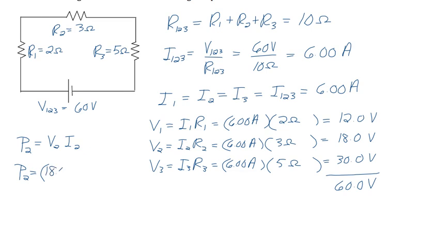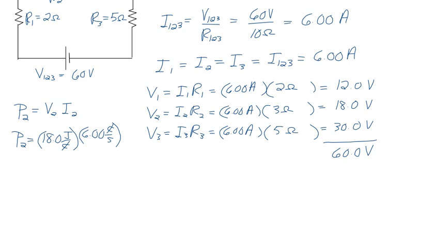Now I'm going to write that as 18 joules per coulomb because that's what a volt is. You don't have to do it, but I like to see that I get the correct unit. And then my I2 is 6 amps, and an amp is the same thing as a coulomb per second. So the coulombs will cancel the coulombs, and I will get joules per second, and a joule per second is a watt. So that gives me the answer for that.